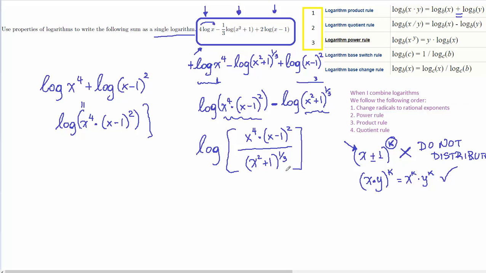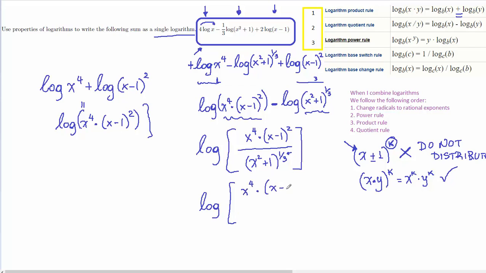Now, if you want, you can change the fractional exponent into a root. What type of root? Since the denominator of this exponent is 3, the root that you will use will be of order 3.